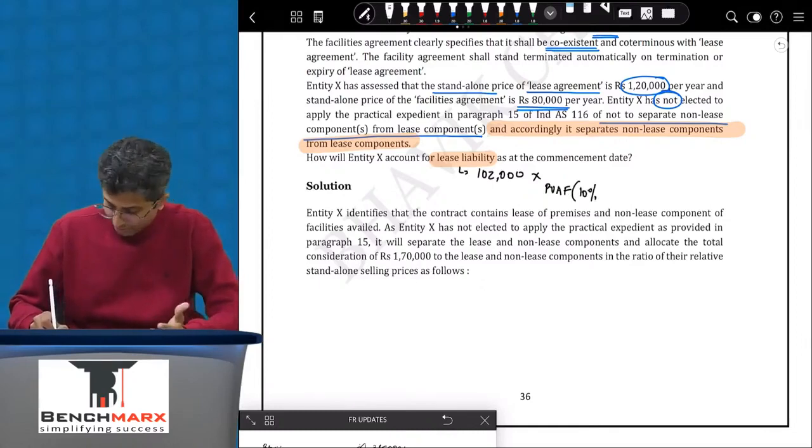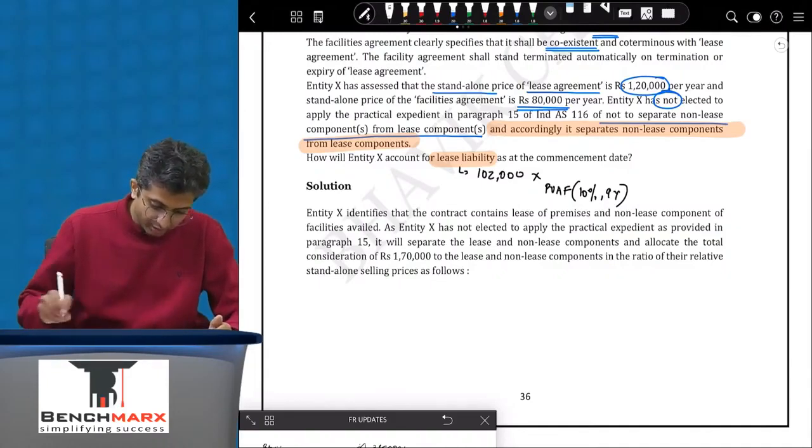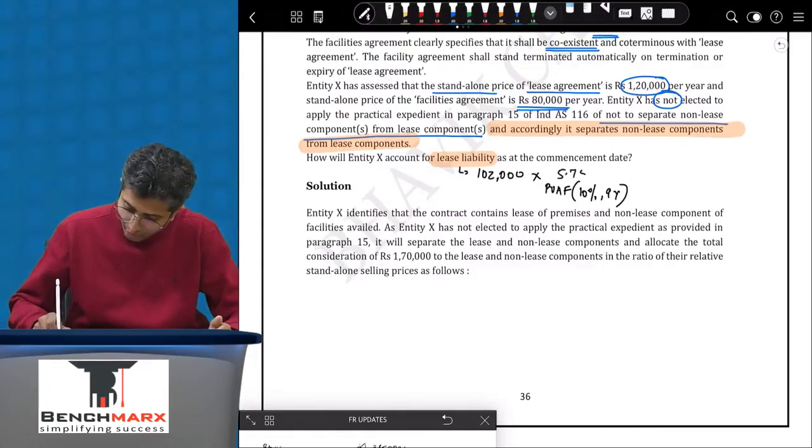The discount rate should ideally be the lessor's IRR, but if that is not available, the lessee's incremental borrowing rate. So this is 1 divided by 1.10, for 1, 2, 3, 4, 5, 6, 7, 8, 9 years. So we can take 5.7590.